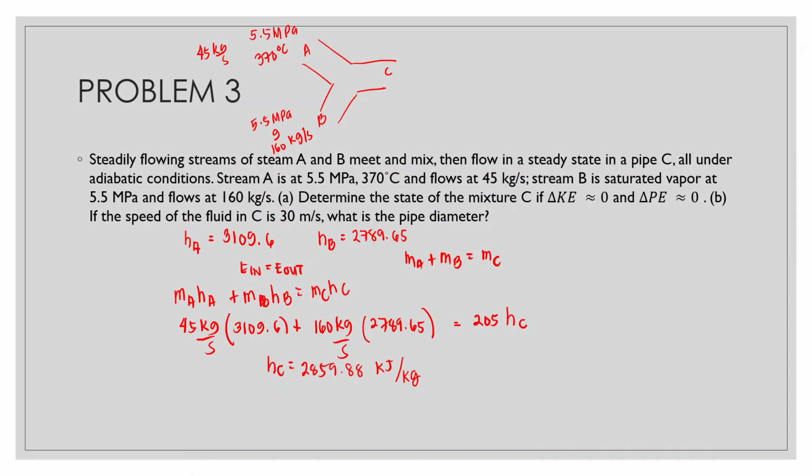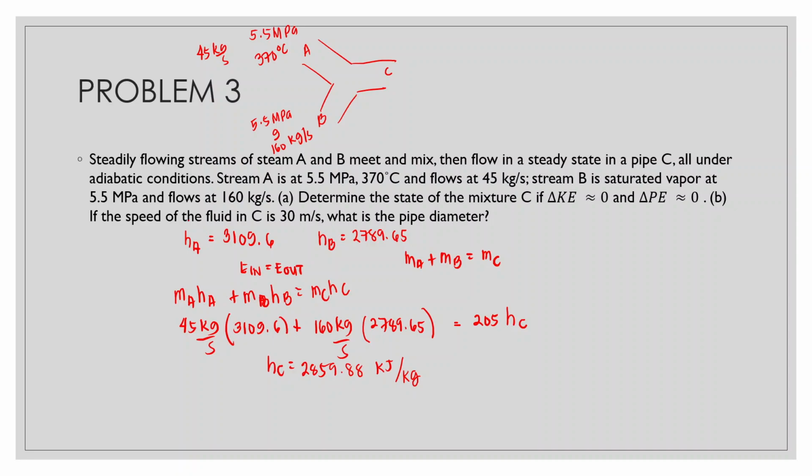Ang H range niya is nasa 2790 hanggang 2790.7 lang. So, ibig sabihin, etong resulting steam is superheated. Okay? So sa superheated tayo at 5.5 MPa. Okay, sa 5.5 MPa, ang H niya is 2859.